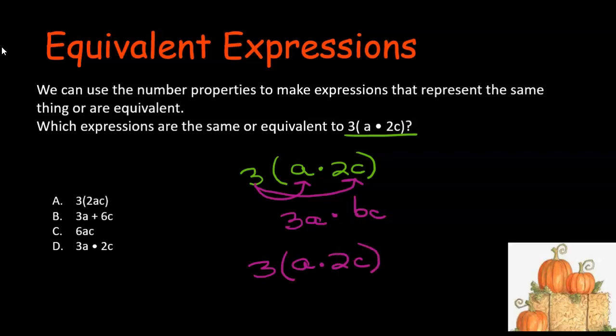Okay? This should be a times sign. So the answer to this question would be B. 3A times 6C. These will be equivalent equations right here because we use the distributive property.